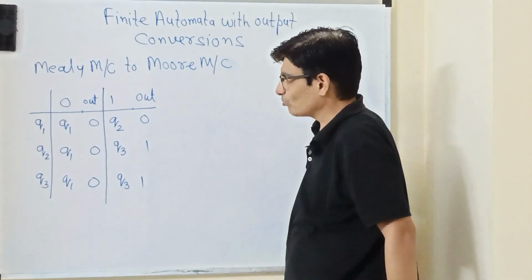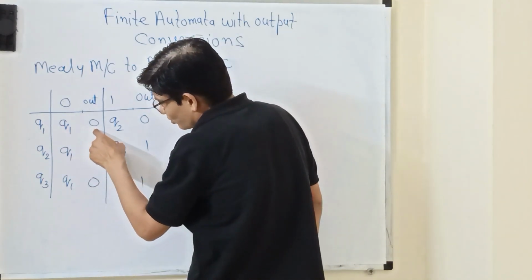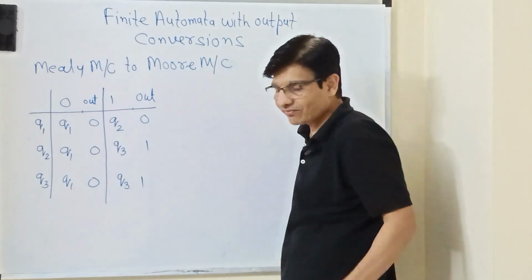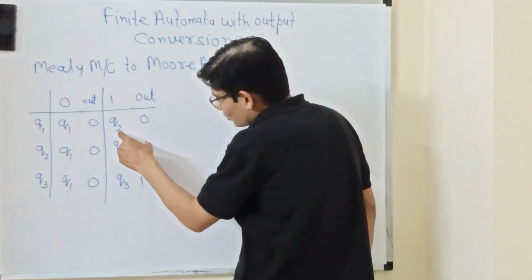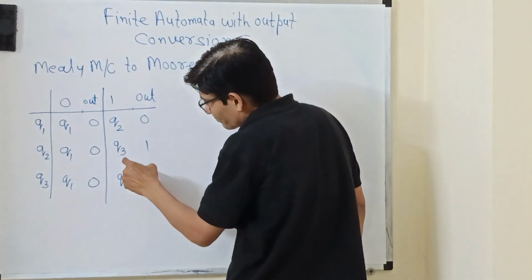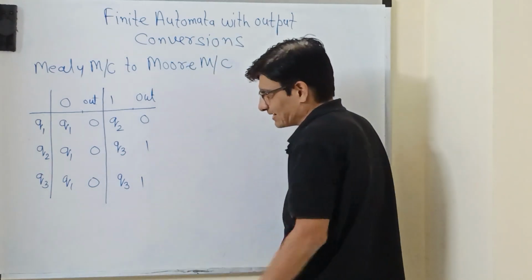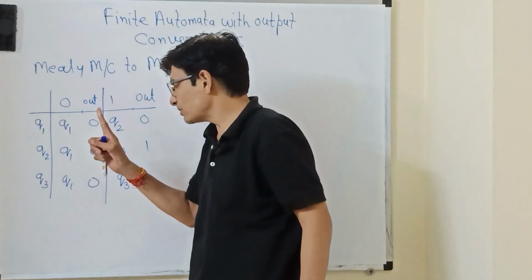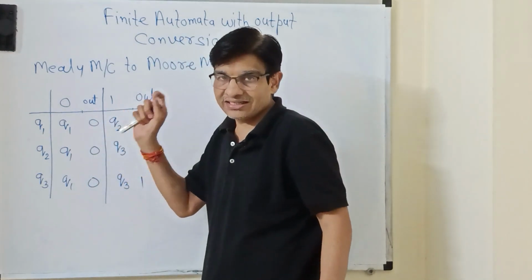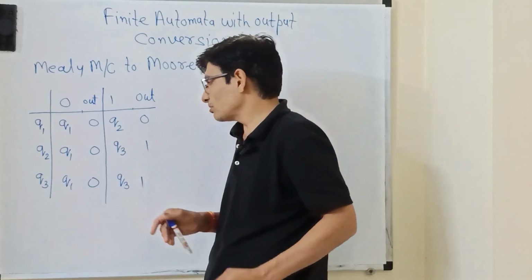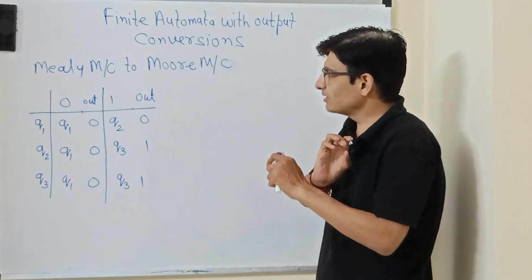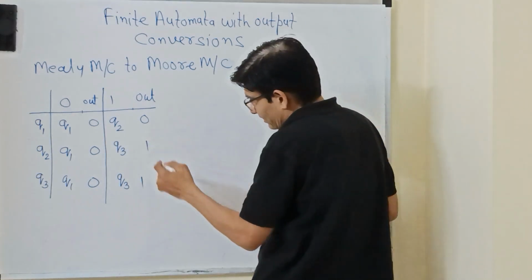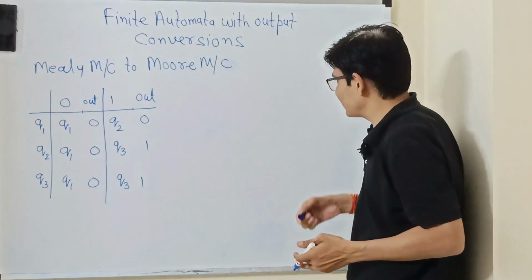In this particular Mealy machine, you can see with Q1 every time 0 is there, and with Q2 every time 0 is there, and with Q3 every time 1 is there. So always there is only one symbol with one state here. So in this conversion, no problem is there. It is very easy. And now I will tell you how to do this conversion.